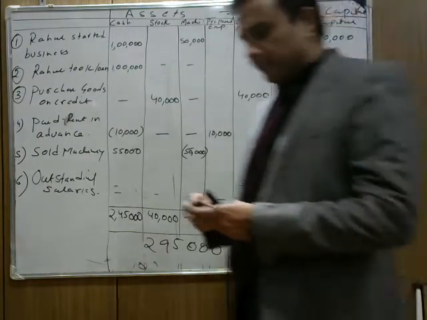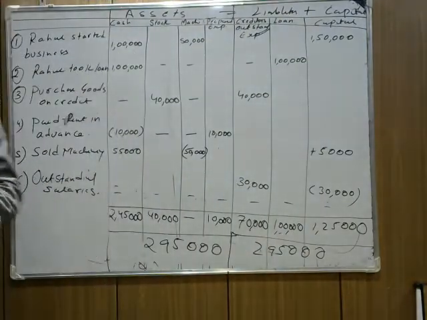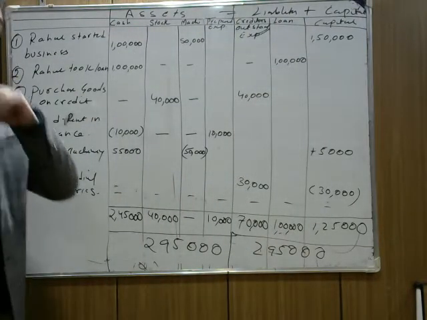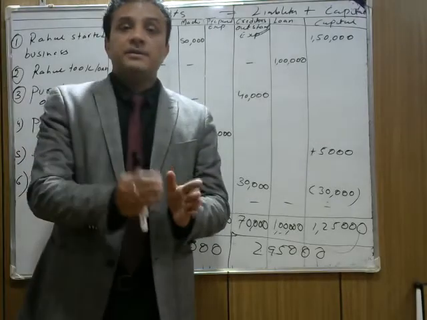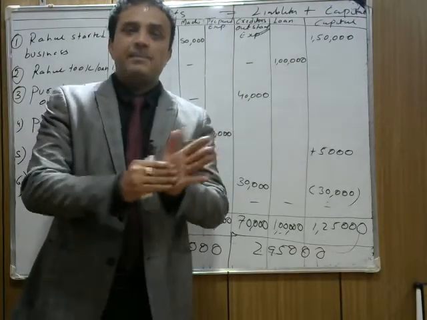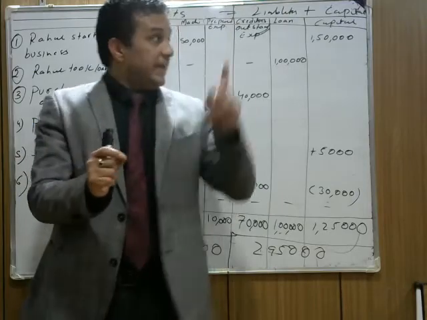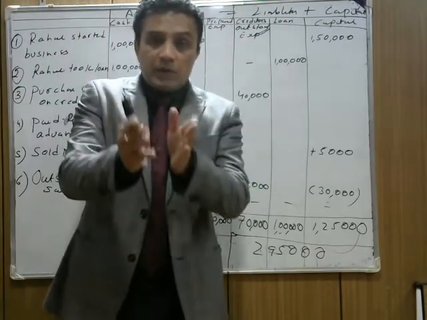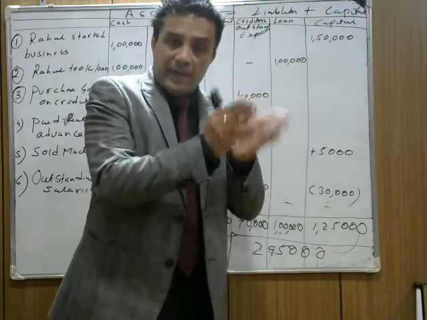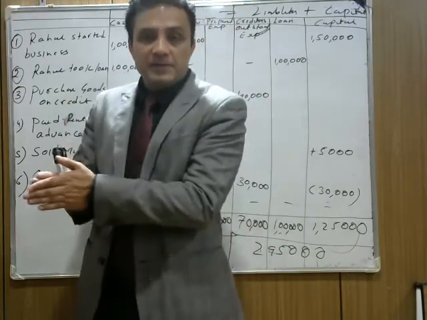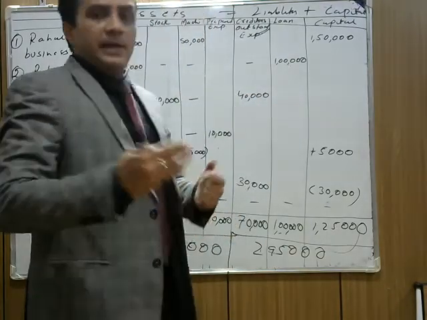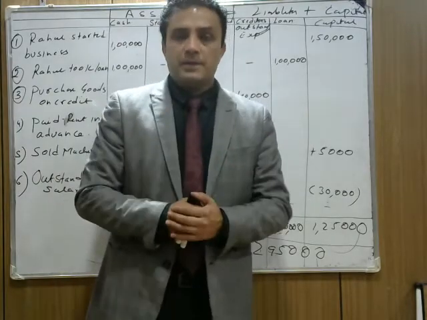Now listen carefully again. There are three sides in accounts: asset, liability and capital. Now listen to each and every transaction carefully, so that you can understand whether our asset increases, liability increases or capital increases. In examination this type of question can be asked.